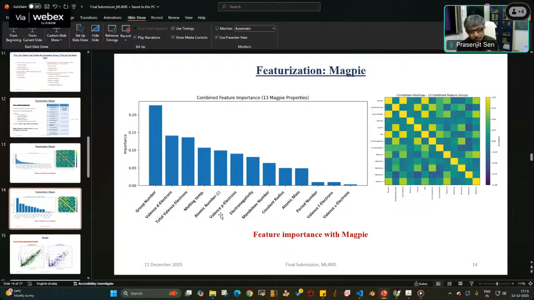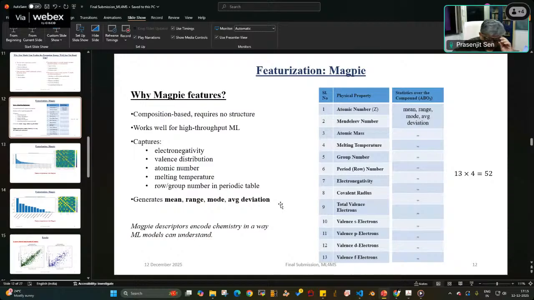Right. I think that brings in the difference. So when you say group number, I'm not asking this question out of curiosity but as an exam question. When you say group, in your Magpie features, can you go to your slide number 12? Yes, sir. If I look at group number, you are taking the mean, the range, mode, and average deviation of the group number, right?